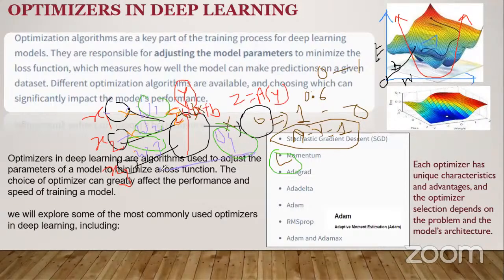We saw that whenever we move from taking inputs, multiplication, activation function, this entire thing was called forward propagation. And once I get the output from this forward propagation, after that I have to calculate the new weights. This is how I can reduce the loss. Once I get the predicted output and calculate the loss, I have to optimize that.